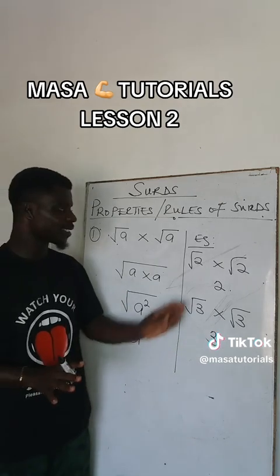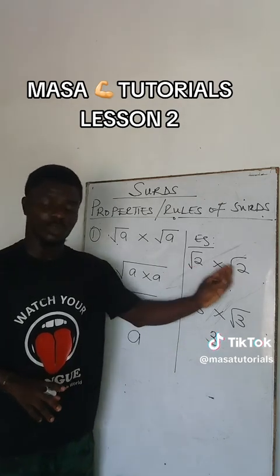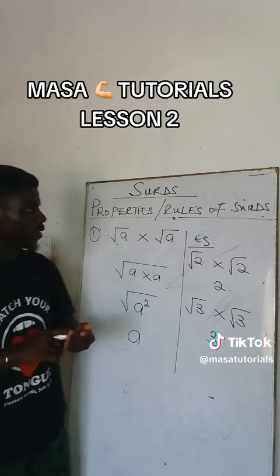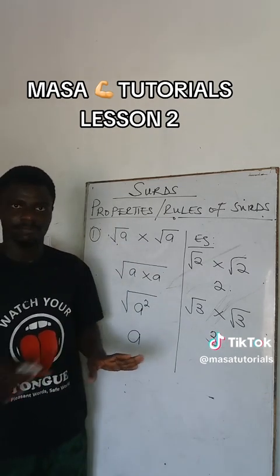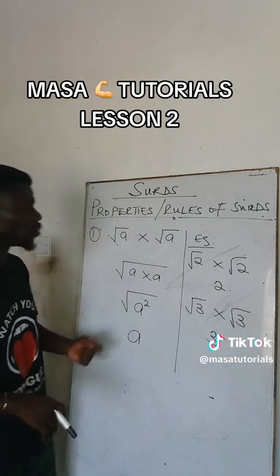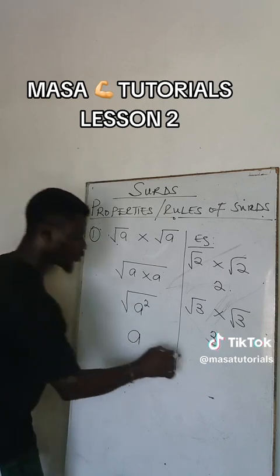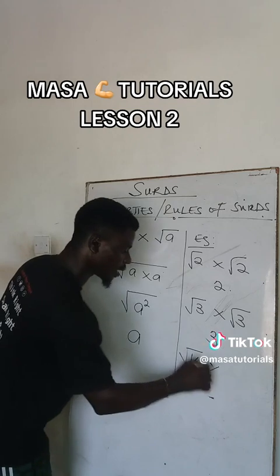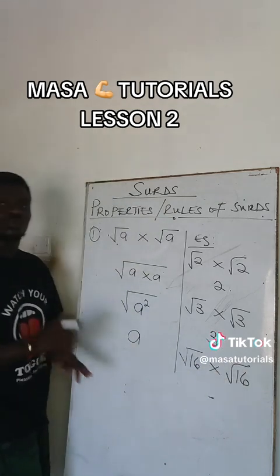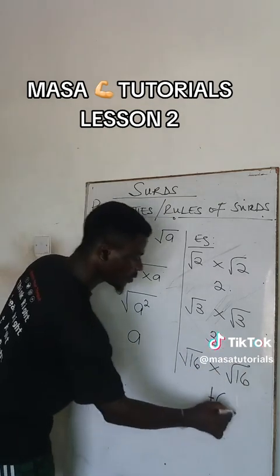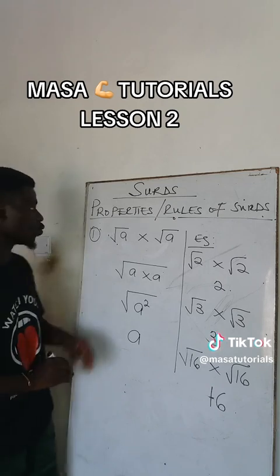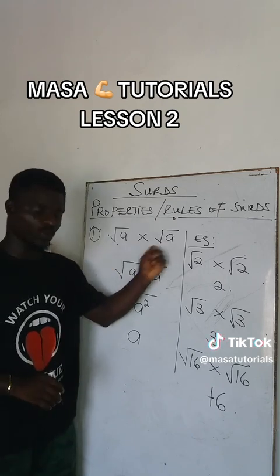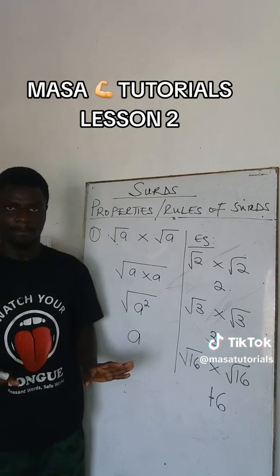So make sure that the radicands are the same. Then you have a. Now, if you have square root of 16 times square root of 16, you just say 16. Very, very simple. So, square root of a times square root of a is just a.